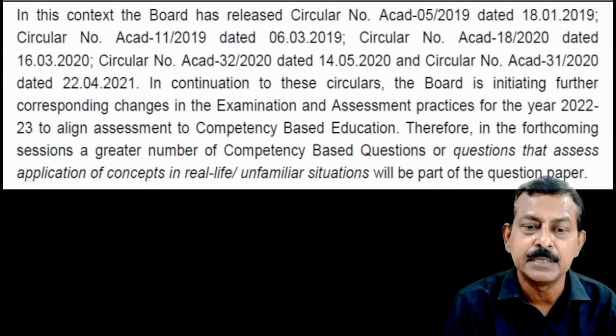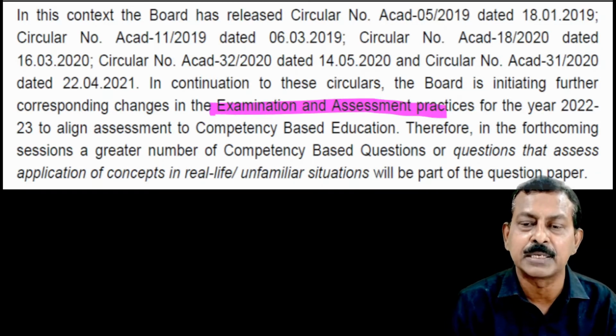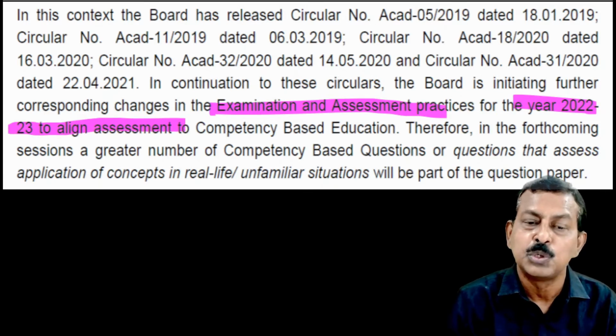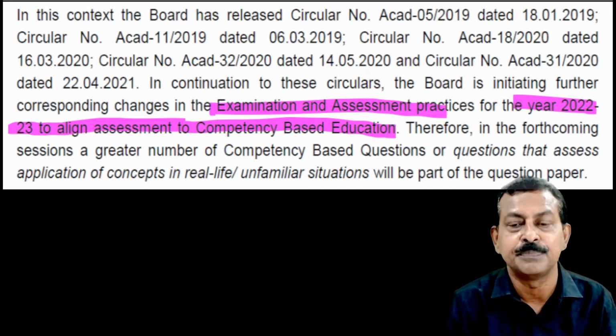CBSE has already initiated a change in the examination and assessment practices for the year 2023 to align assessment to competency-based education.